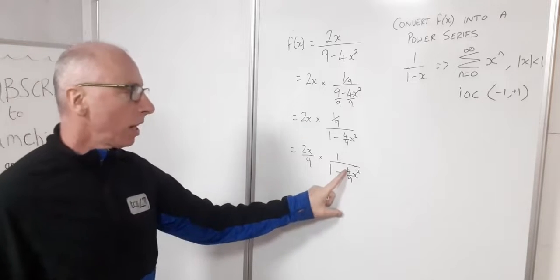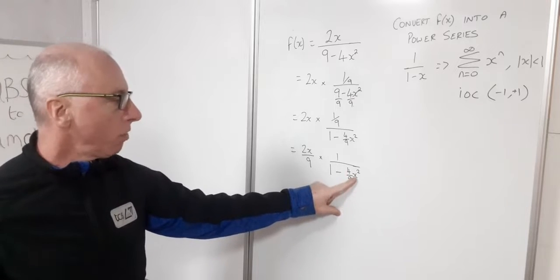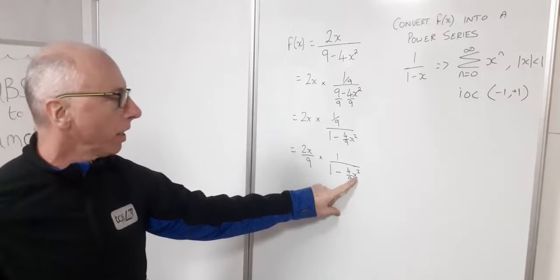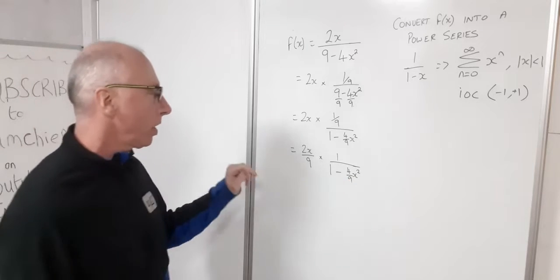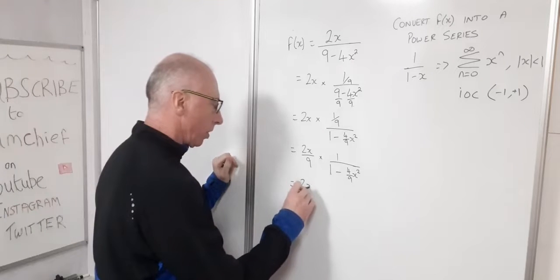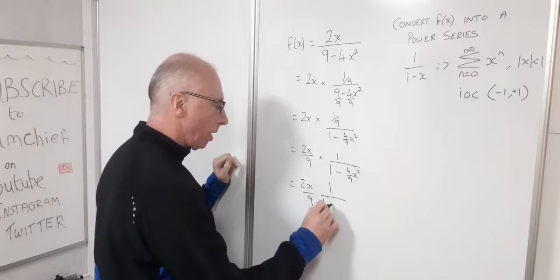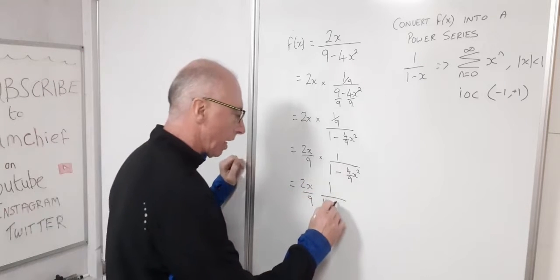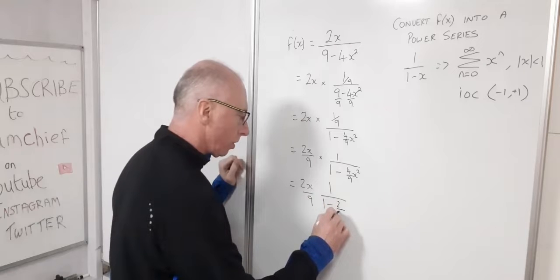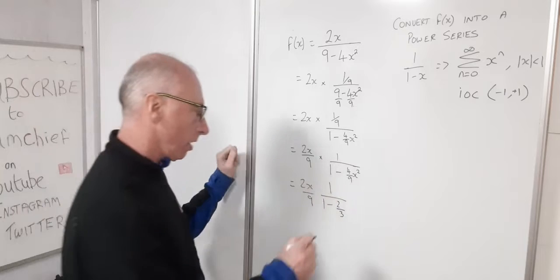Now I notice here 4 and 9 are exact square numbers, so we can take the square root of those and write them with the x and square the whole thing. That's going to help us form our power series. So now we've got 2x over 9 times 1 over 1 minus, and taking the square root of the top and bottom, I've now got 2/3, and then the square root of the x squared, I've just got x.